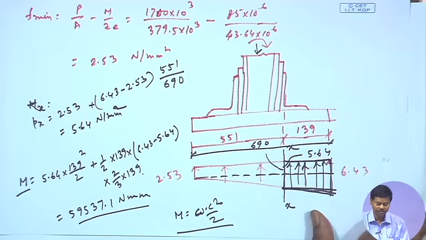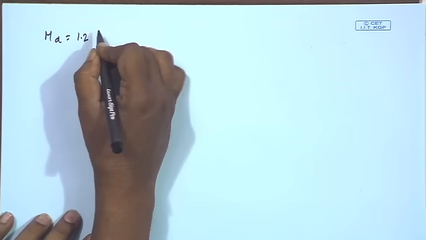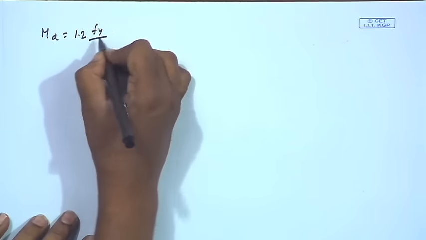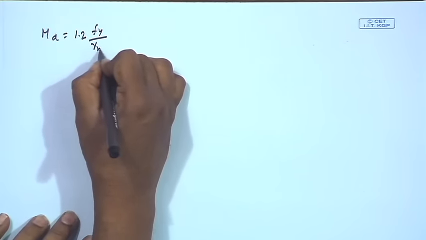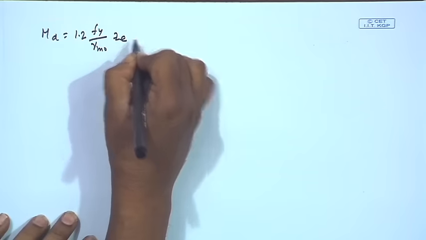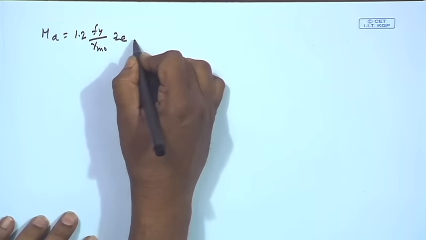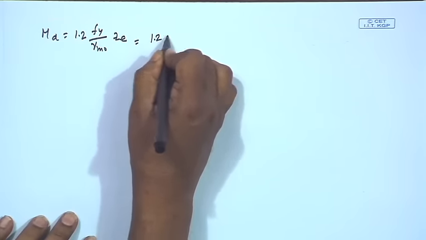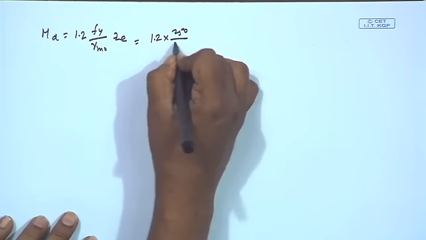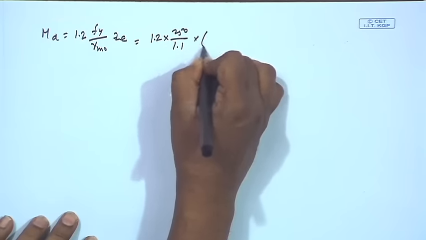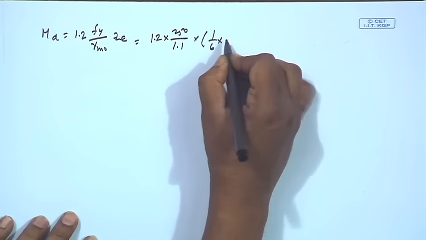So, once we know the moment, we can also find out the moment carrying capacity M d, which is 1.2 into f y by gamma m 0 into Z d, right. So, that will be 1.2 into 250 by 1.1 into Z, which is 1 by 6 b t square.